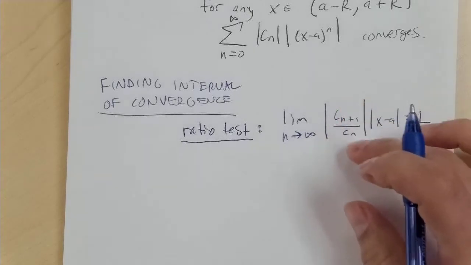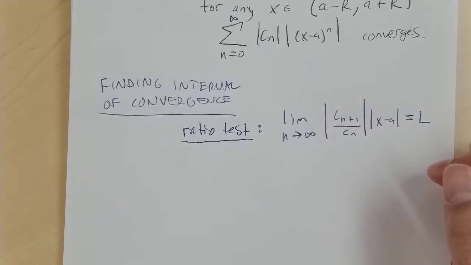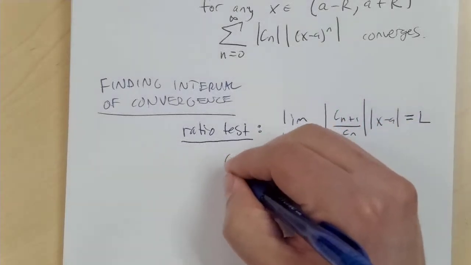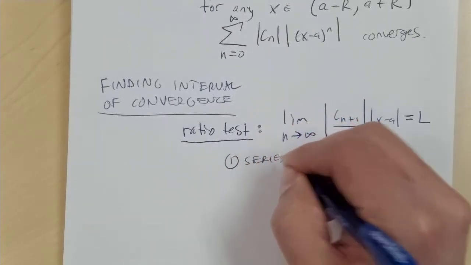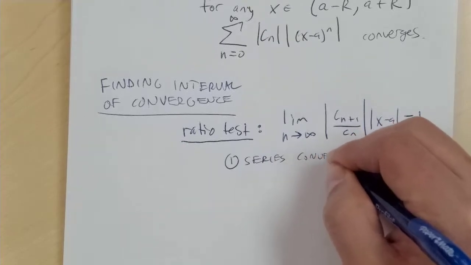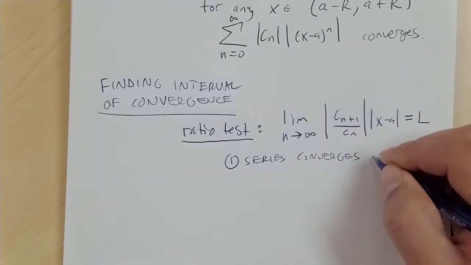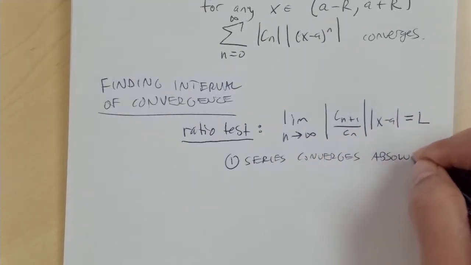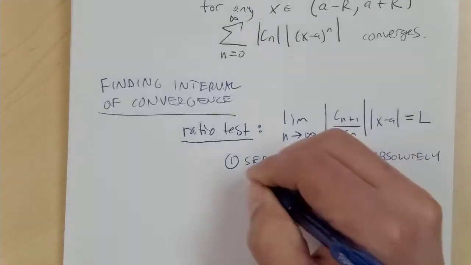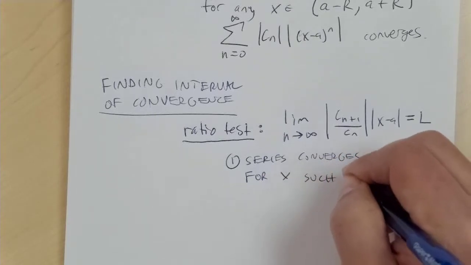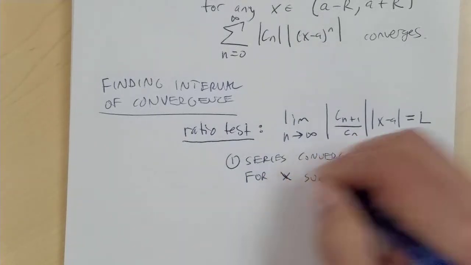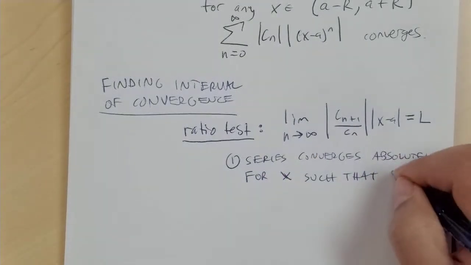So we're taking the ratio of coefficients, and what we know is that the series converges absolutely for x such that this L value is less than 1.